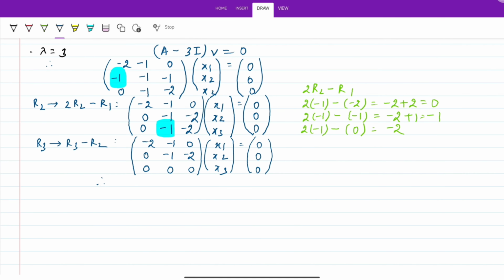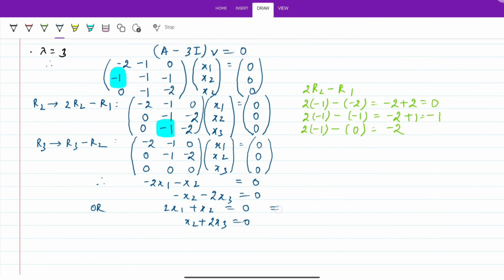Rewriting in equation form, we get negative 2x1 minus x2 is equal to 0, and from the second row we get negative x2 minus 2 times x3 is equal to 0. The first equation can be rewritten as 2x1 plus x2 is equal to 0, and the second equation can be written as x2 plus 2x3 is equal to 0.